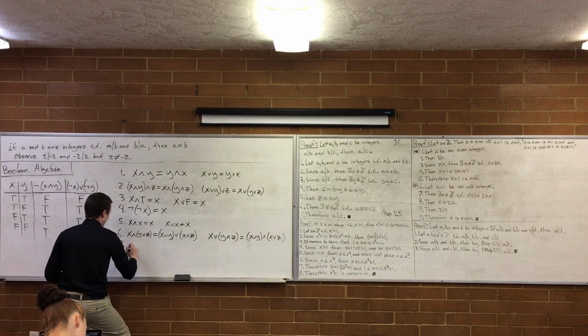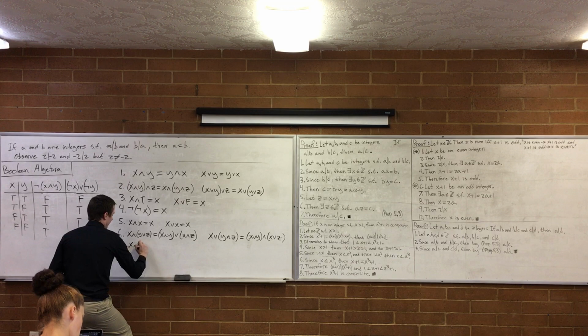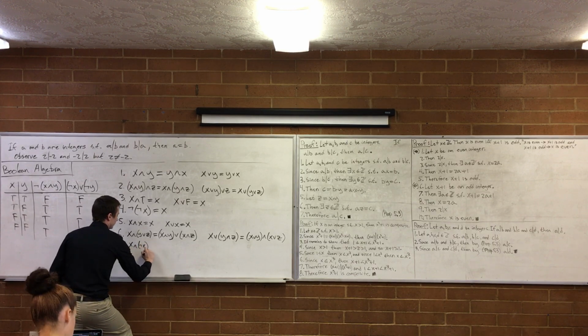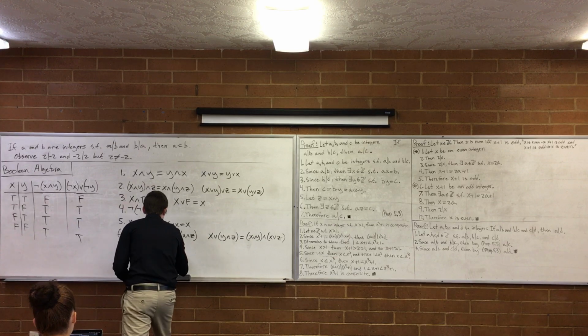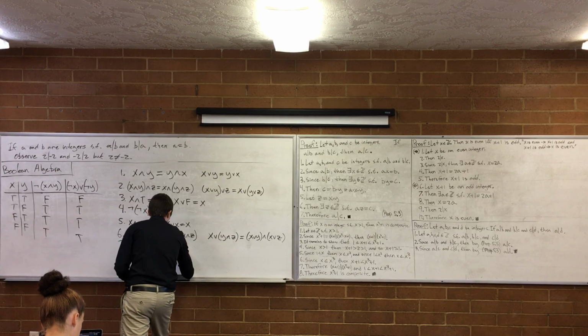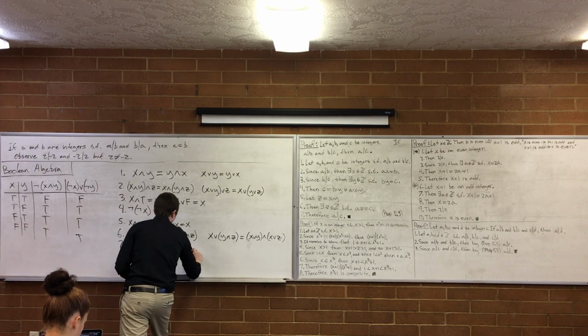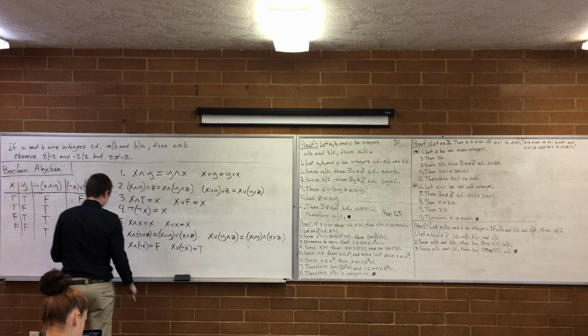Seven. X and not x is always equal to false, and x or not x is always equal to true.